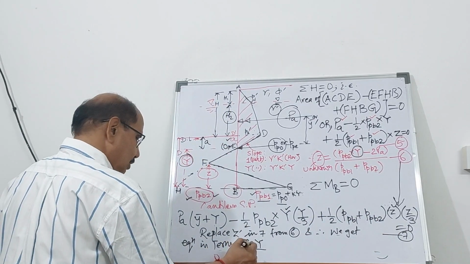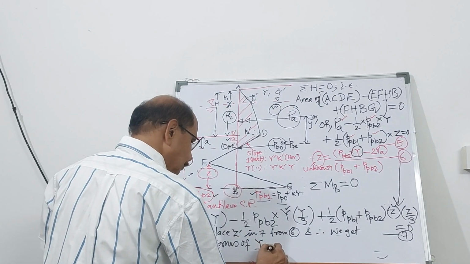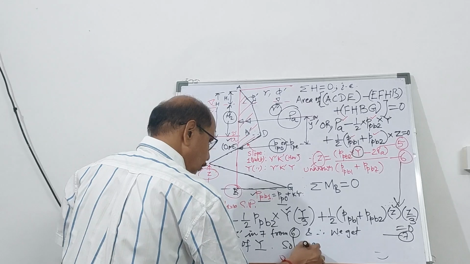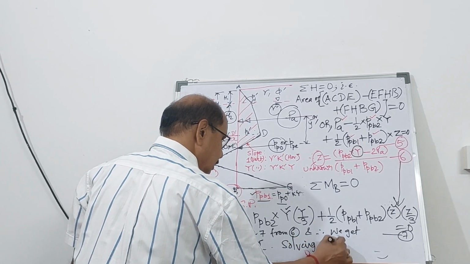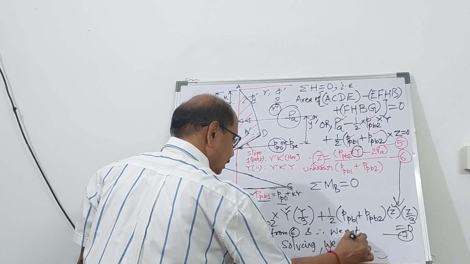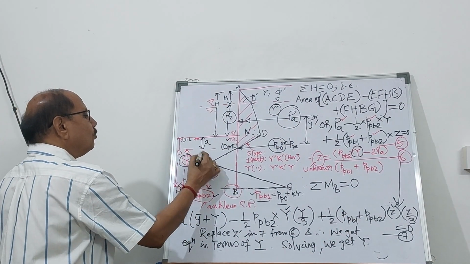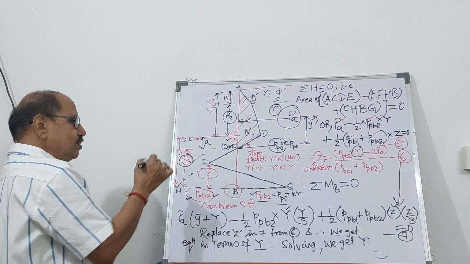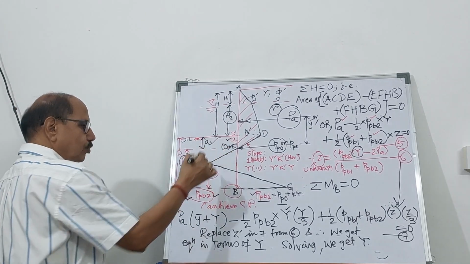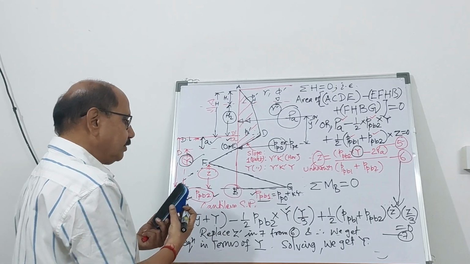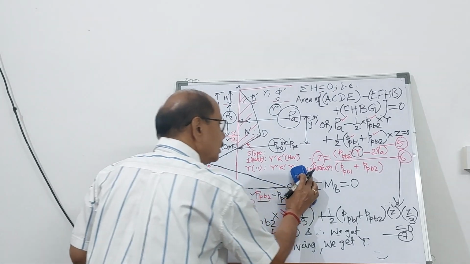And therefore, solving, we get Y. So this Y is found out. Once Y is known, A is already known. Therefore, the depth of embedment we can find out.